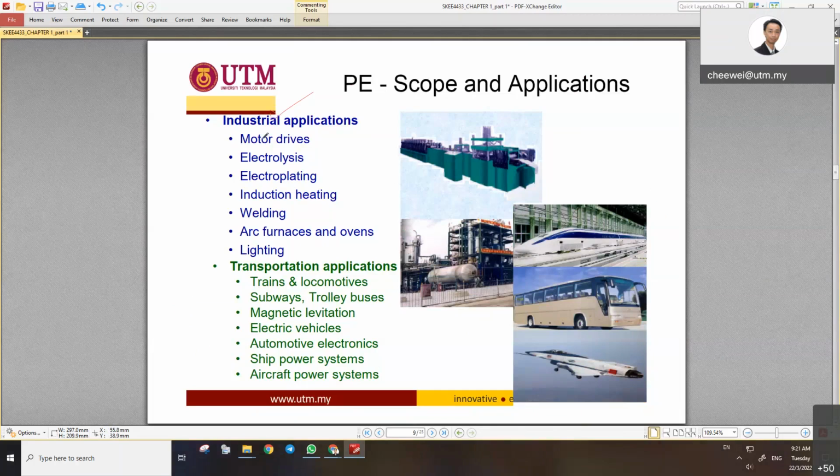Moving falls under drives. Welding, lighting, all this requires a lot of energy to control. And transportation, all this you can read. If it requires electrics, then you need to do the control. Otherwise, your train will not stop or speed up or do whatever job you want.